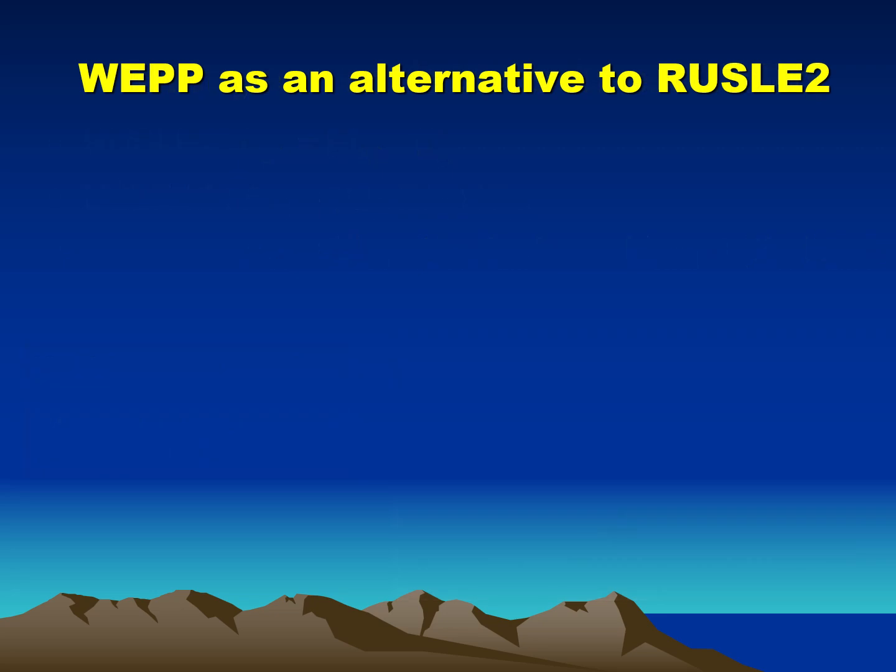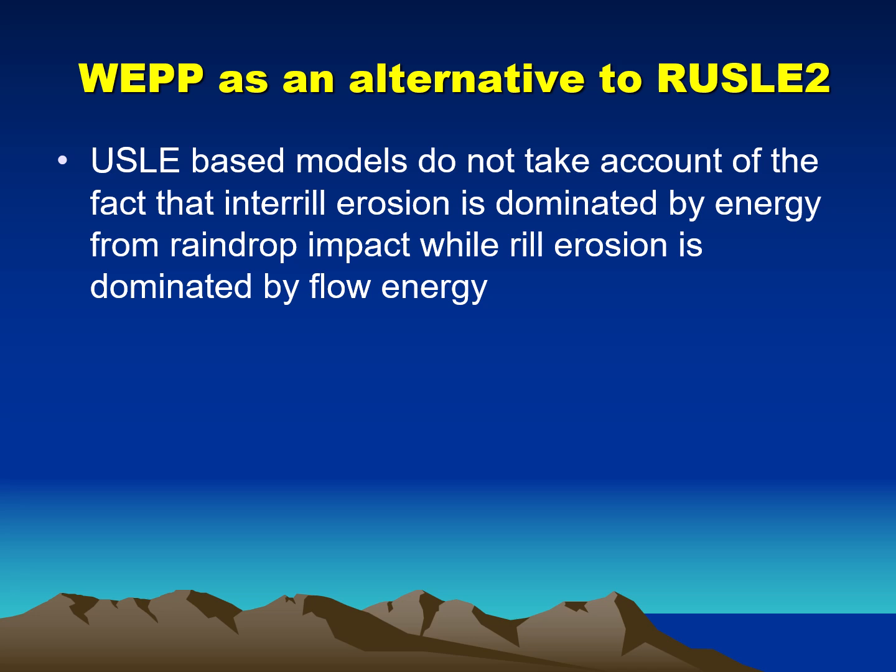Many years ago, WEPP was suggested as an alternative to RUSLE2, or the universal soil loss equation, and that was because USLE-based models do not take account of the fact that inter-rill erosion is dominated by raindrop energy, while rill erosion is dominated by flow energy.